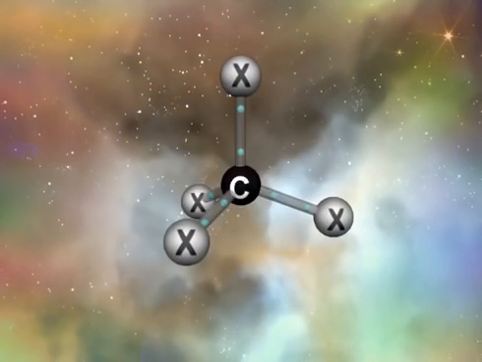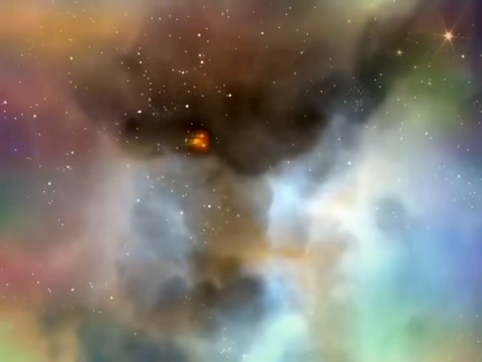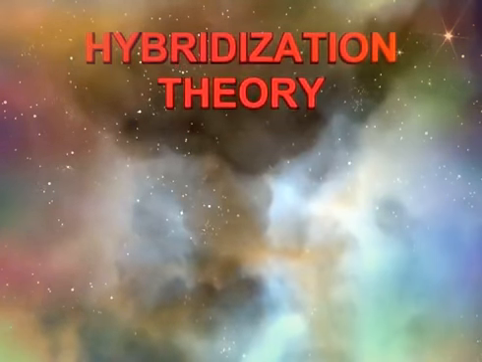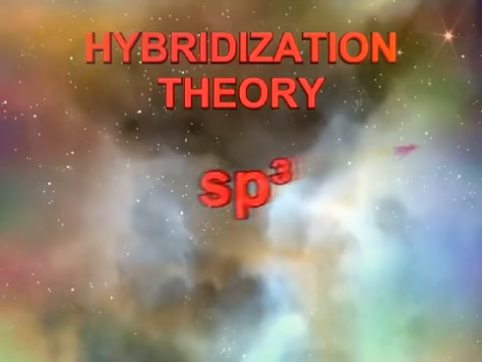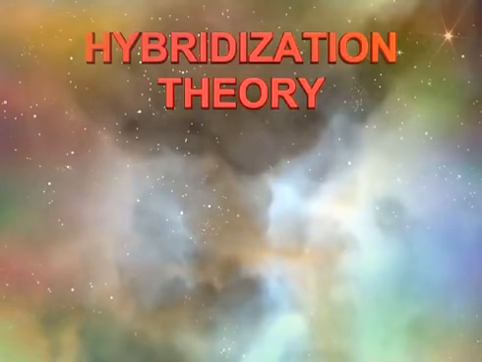In other words, bond angles in 3 dimensions can be predicted. The possible hybrid combinations for a carbon atom are sp3, sp2, and sp, and are explained in detail in subsequent sections.